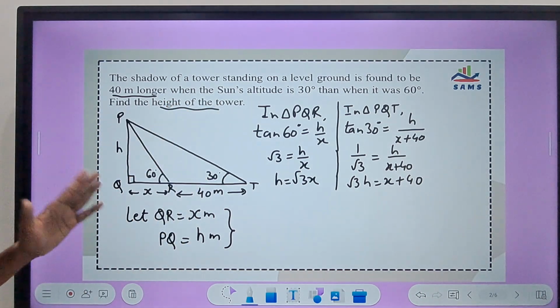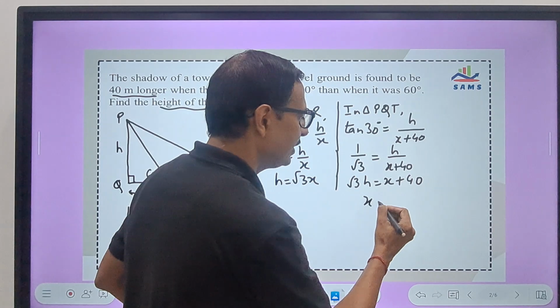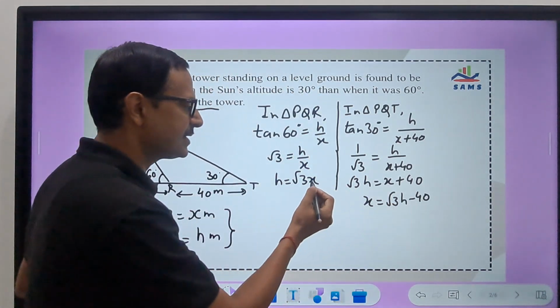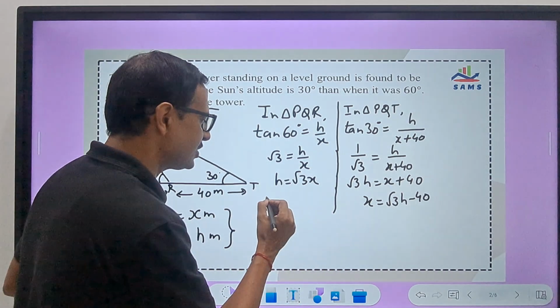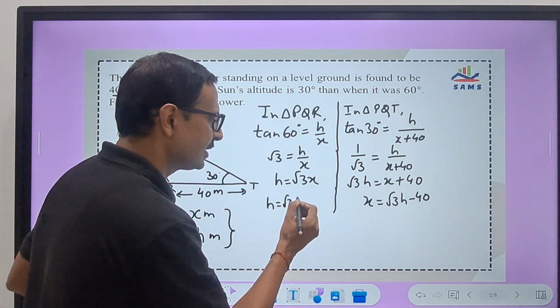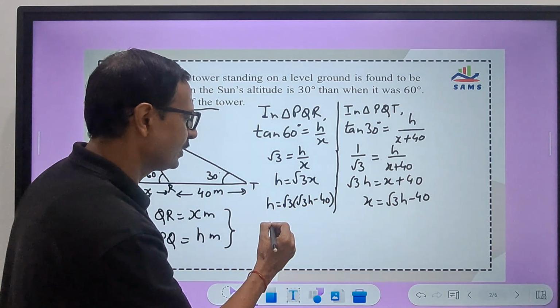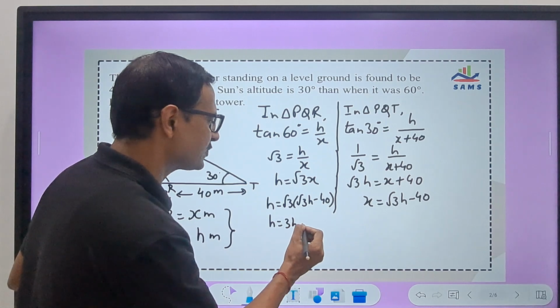So let's eliminate x. From here x is root 3h minus 40, and if you put this here you will get h equal to root 3 times root 3h minus 40, and that gives you h is equal to 3h minus 40 root 3.